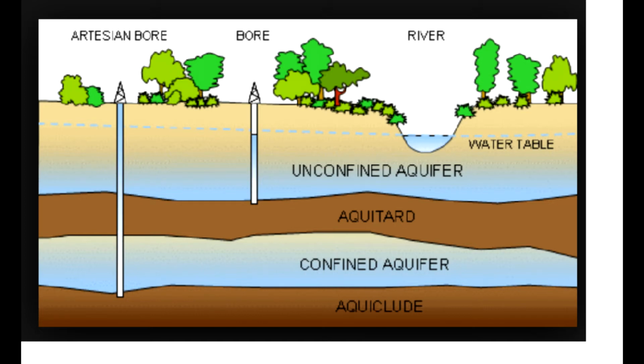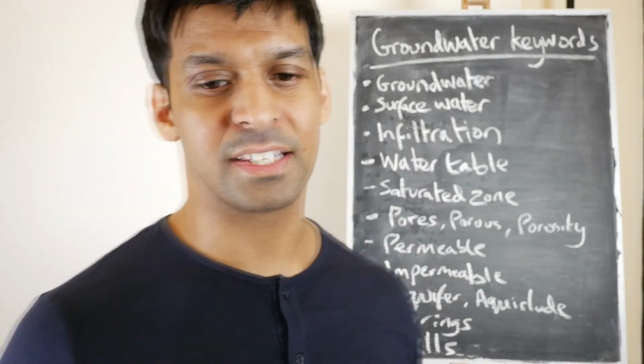So when the rainwater infiltrates the aquifer, it basically goes right down to the bottom, and when it hits the bottom, it doesn't go right through into the mantle of the earth. It doesn't do that because you're going to have a layer of impermeable rock called an aquiclude that basically prevents it going any further.